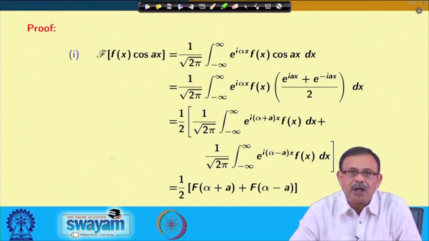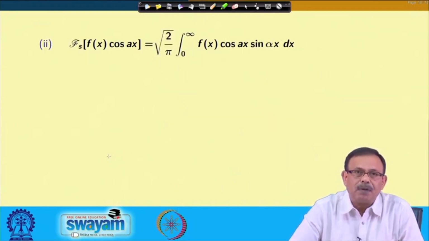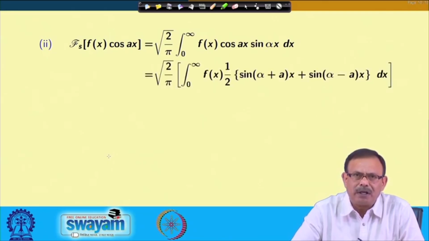For the second one, I am starting: Fourier sine transform of f x cos ax equals, from the definition, root over 2 by pi, 0 to infinity f x into cos ax sin alpha x dx. Now this sin a cos b form I can break into half into sine of alpha plus a into x plus sine of alpha minus a into x.